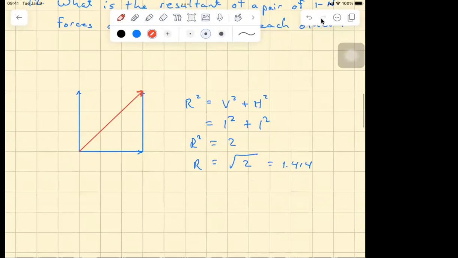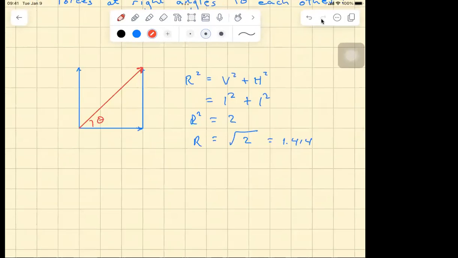It's not asking for the angle, but if I wanted to know what this angle theta was, which another problem does ask for, as the direction, the way to get the angle theta, let's switch back to blue, is theta is equal to the inverse tangent of the vertical over the horizontal.